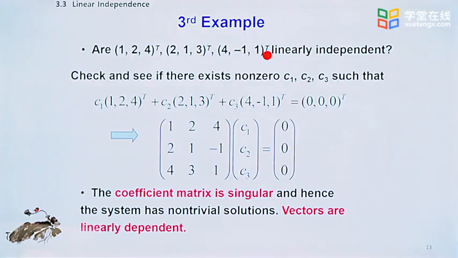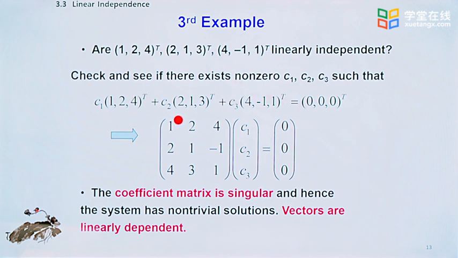And for these three given vectors, we also consider this equation. c1 times the first vector plus c2 times the second vector plus c3 times the third vector equals 0, 0, 0. So you can transform it into this homogeneous linear system.